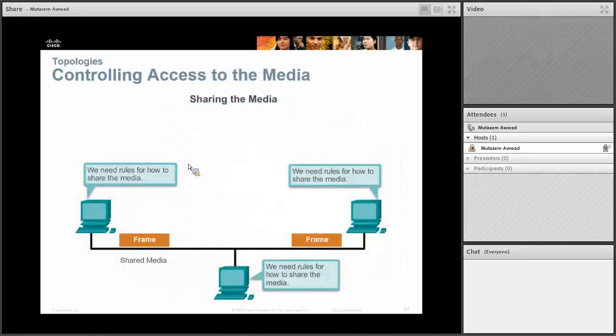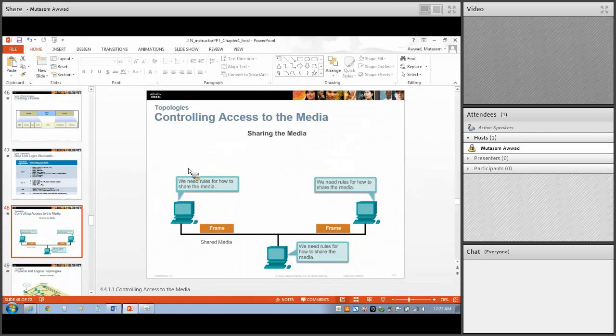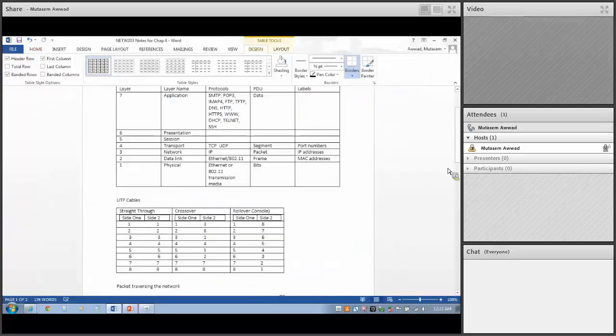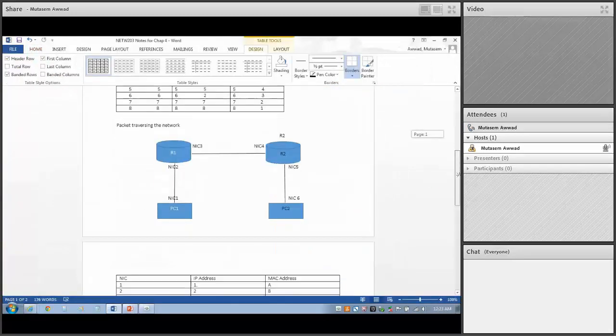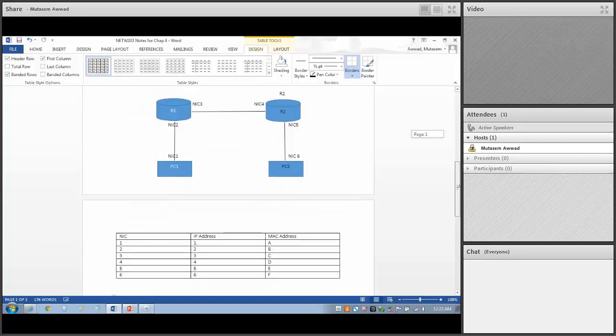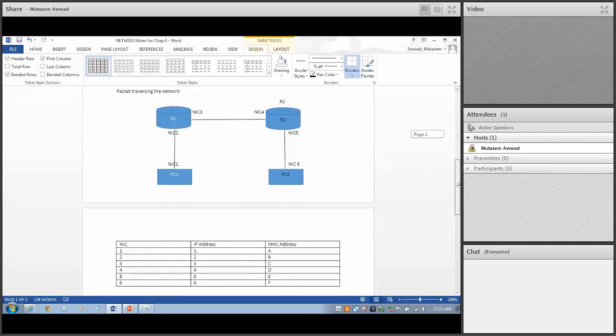Okay, so controlling access to the media. But before we even go there, let me just make sure you understand. I got some notes here. I want to make sure you understand how data transfers. This is a typical question that I got on a CCNA test, and Cisco loves to ask this question. Let's say you have PC1 and PC2.